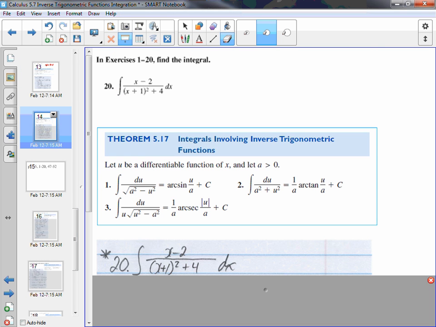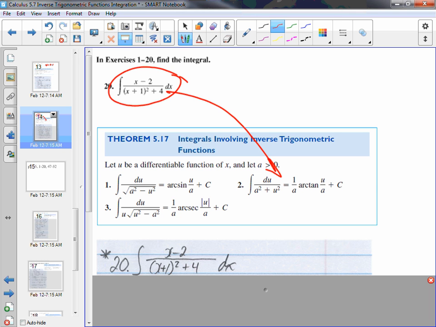All right. Last example for today, number 20. We have the integral of x minus 2 over x plus 1 quantity squared plus 4. I'm thinking maybe there's an arctangent in there. But, you know, I'm not real certain because I can't go straight from there to there, can I?